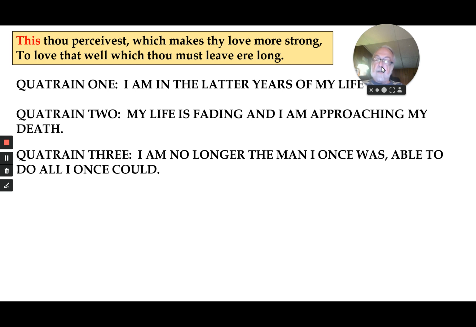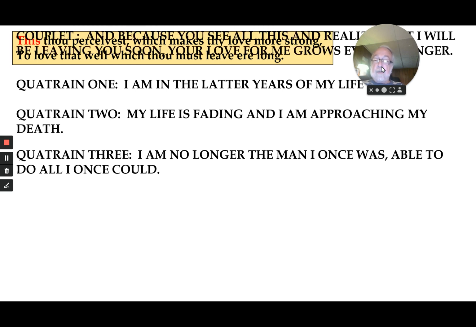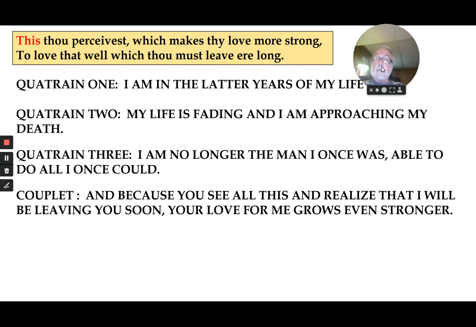Which brings us to this couplet and this idea right here, that because you see all this and realize that I will be leaving you soon, your love for me grows even stronger. It's that whole idea that here is a sonnet that's talking about how, because we are going to have to part soon, you are loving me more and more and more because you know our time is growing short.